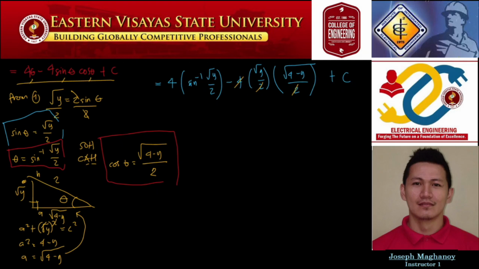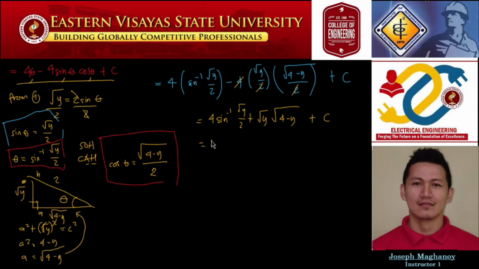So we rewrite our final answer. So 4 sine negative 1 square root of y over 2 plus square root of y square root of 4 minus y plus c. Can we rewrite this further? Yes, we can distribute this y inside the radicand, so it will become only one radicand.